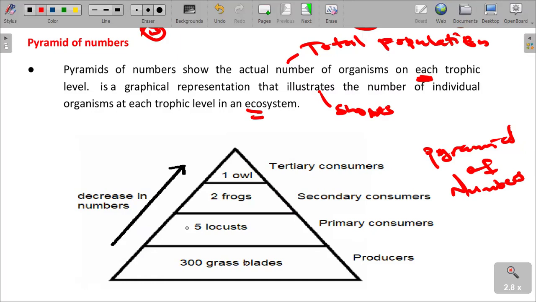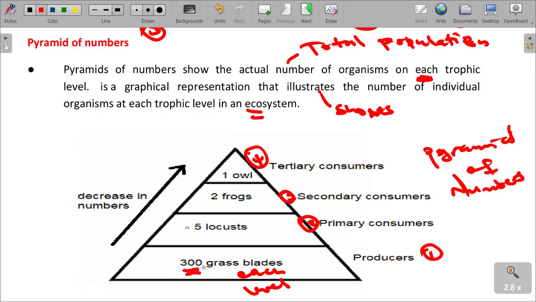At the base are the producers, then the primary consumers, which are second, the secondary consumers third, and the tertiary consumers fourth. So it is a pyramid of numbers, showing the total number of organisms at each level.